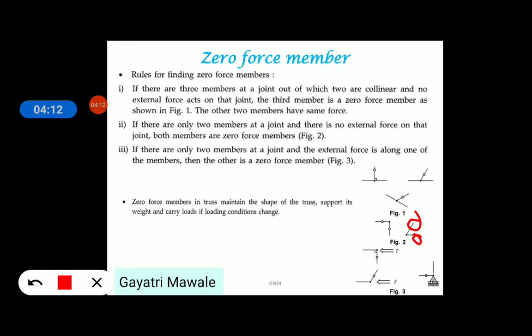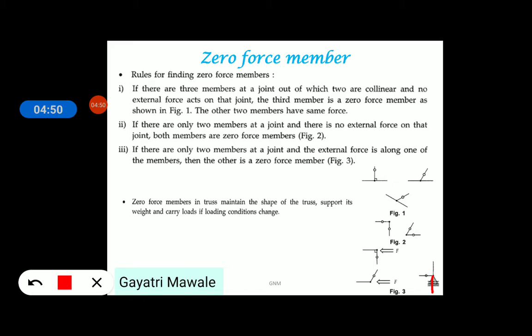Now let us discuss the third rule. If there are only two members at a joint and the external force is acting here along one of the members, then the other member is a zero force member, or the force in the other member must be 0. As in this diagram, the support here is a roller.